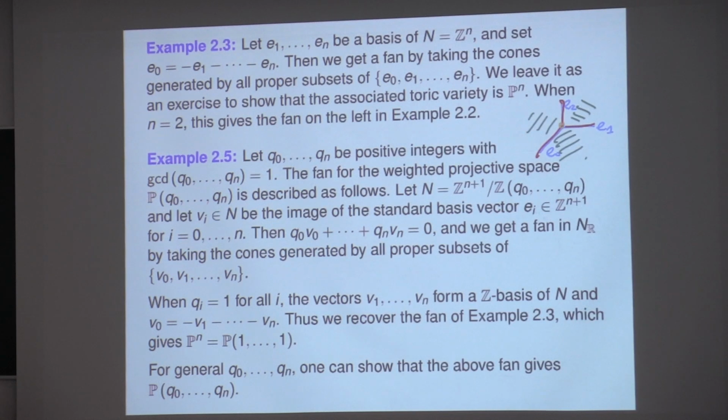So those are cones over there. We saw this picture before, and then in this case we worked out the details and we saw that you get P2. So what this example is claiming is that if you just do the exact same thing, the 2 was not special. So you can do the exact same thing with n, and this gives you P^n. And again, if you make n equal 2, it's an example that we worked out together before.